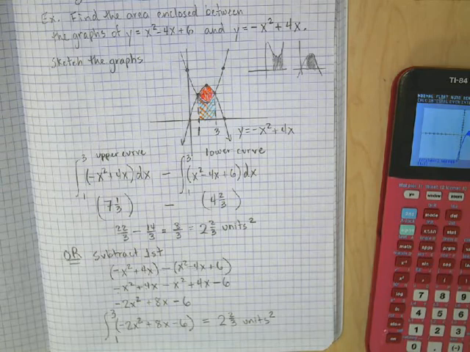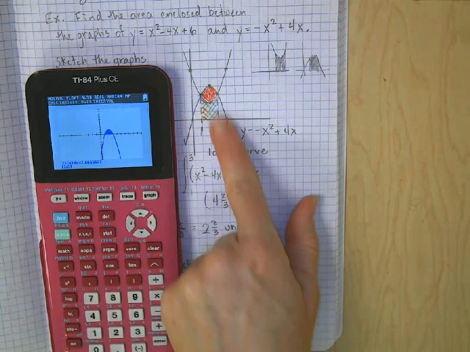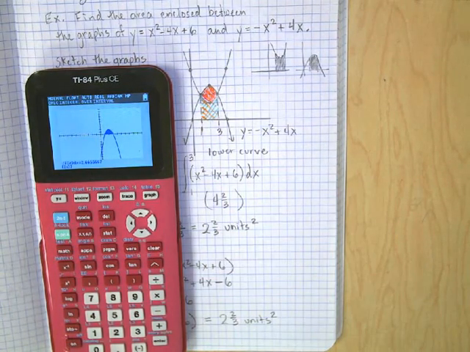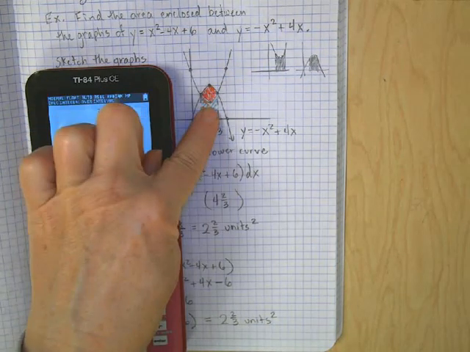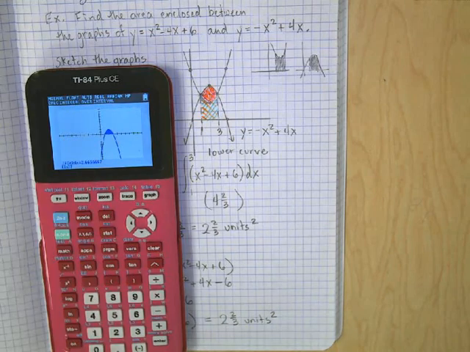And I know that seems really weird because when you look at the picture, you're like, well, that picture doesn't look anything like that picture. But it is an equivalent equation. So these two being subtracted from each other gives you a new equation that will have an equivalent area between the curve and the x-axis. Kind of crazy, but it works.